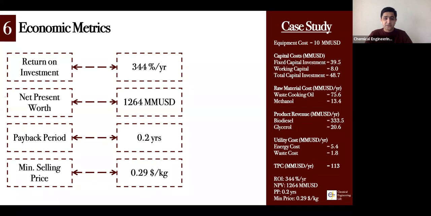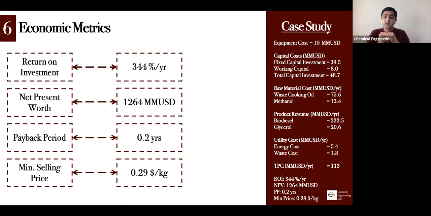The first metric that we have done is the return on investment. It is my profit divided by all of my investment. It turned out to be 344% per year. That means my profit per year was $169 million. Let's just say $170 million per year, just to even it out.